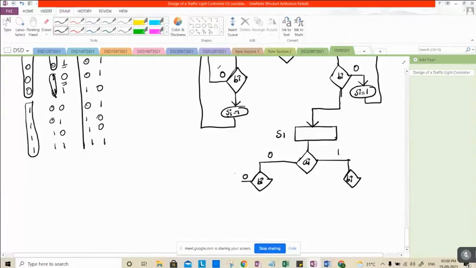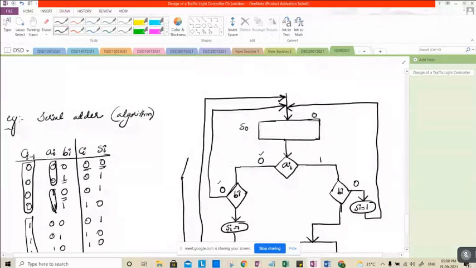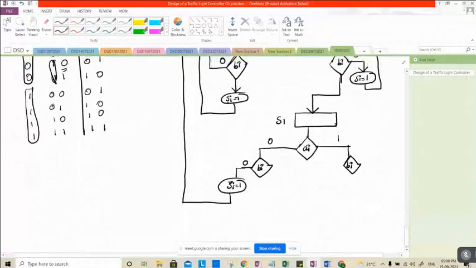S naught and 1. Si is equal to 1, and we are supposed to move to the S naught state. So we are dealing with this particular condition.